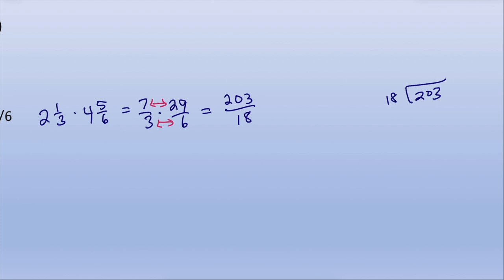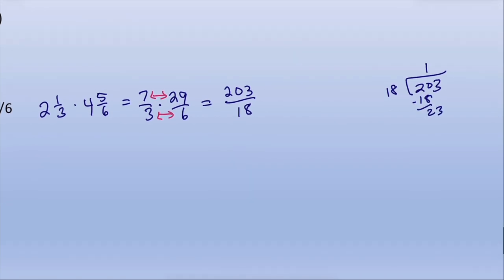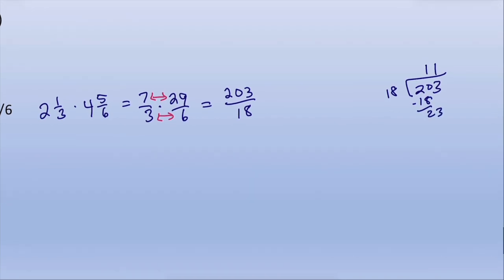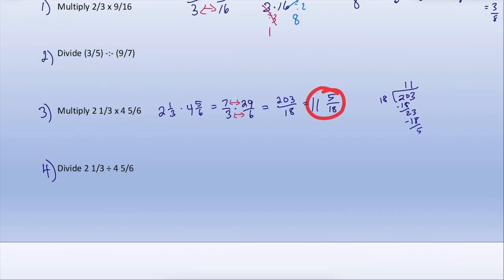Denominator goes on the outside. 18 goes into 20 one time. 18 goes into 23 one time with a 5 remainder. You stop right there and you get 11 wholes, 5 remaining, 18 denominator. Okay, so in some contexts, this is a fine way to leave your answer. In others, you might want to do that.